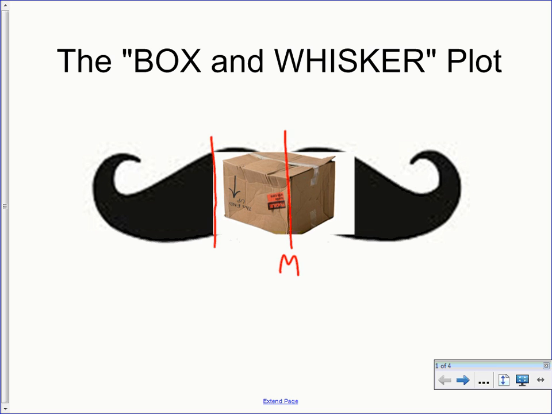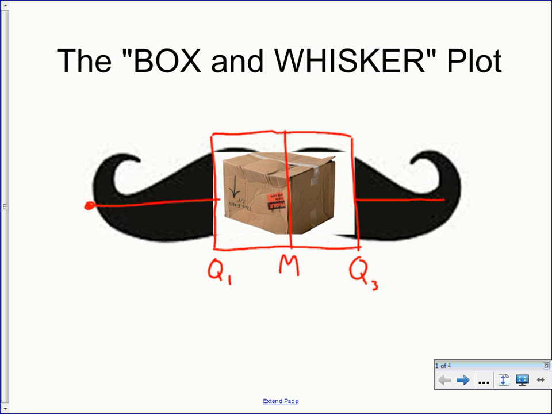It has the lower quartile, or quartile 1, the upper quartile, or quartile 3. That's the box part of it. And then it has the smallest number and the biggest number, right? The largest and the smallest, together known as the box and whisker plot.